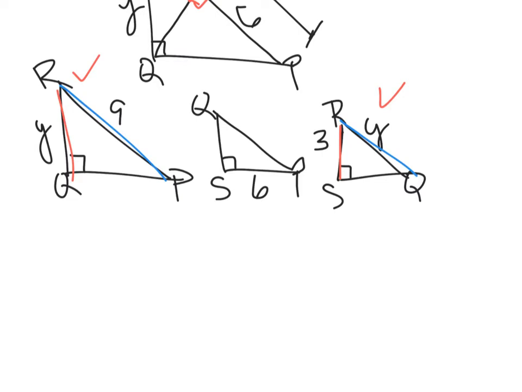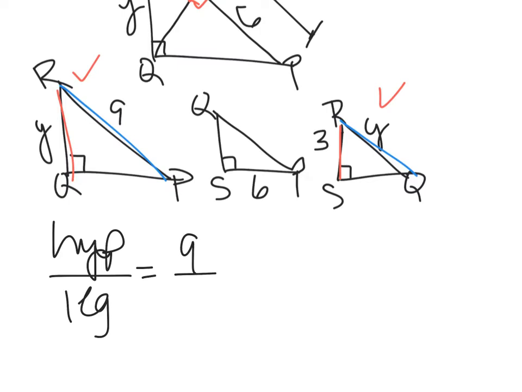So I'm going to compare the hypotenuse to the leg. Sometimes I make the kids do a little box and then big triangle to small triangle, but I think we can do it this way. The hypotenuse of RQP is 9, and the leg is Y, which is proportional, because they're similar, to the hypotenuse of RSQ, which is Y, and RS, which is 3.